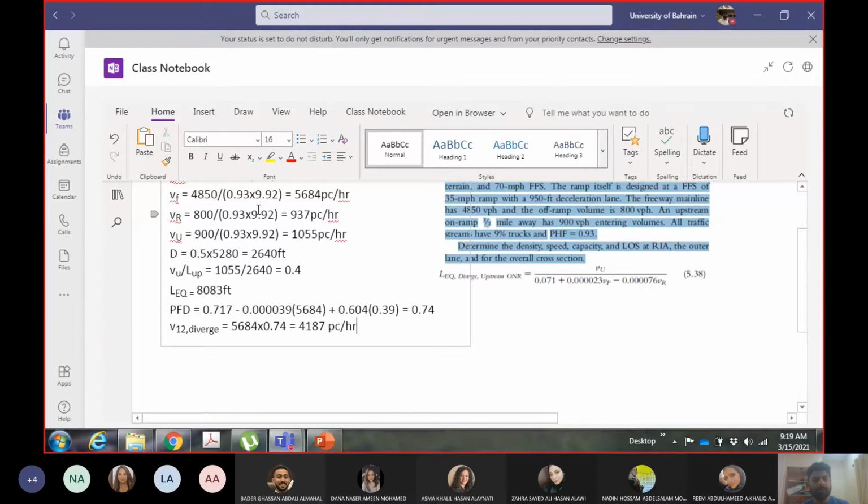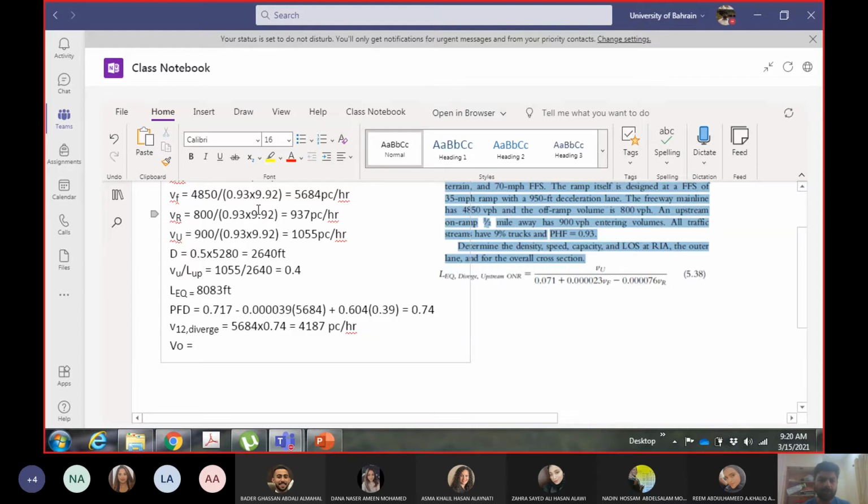Okay. Then there was a check. There were two checks actually. One was that the volume in the third lane should not be more than 2700. So how much is the volume in the third lane? Let me call it V outer, because they call it V outer.